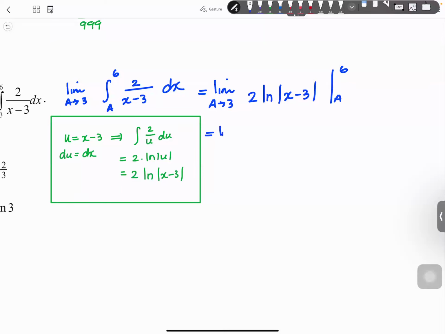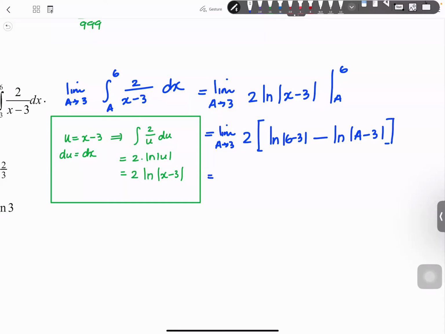So this is going to be the limit as a approaches 3 of 2 times, I'll leave that out there. If I plug in the top, I will have the natural log of 6 minus 3, minus plug in the bottom, which will be the natural log of a minus 3.